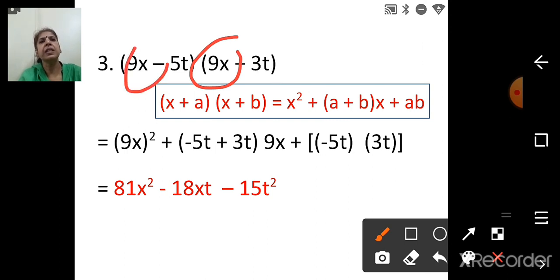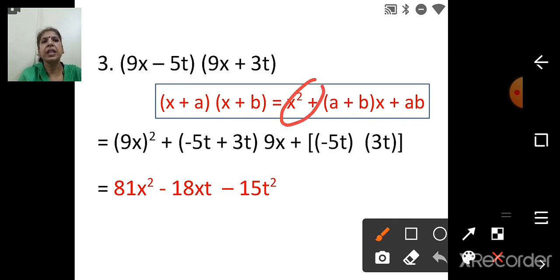The common term is 9x. So we are using the formula (x + a)(x + b) = x² + (a + b)x + ab. First write the formula. Now substitute the values in the formula.